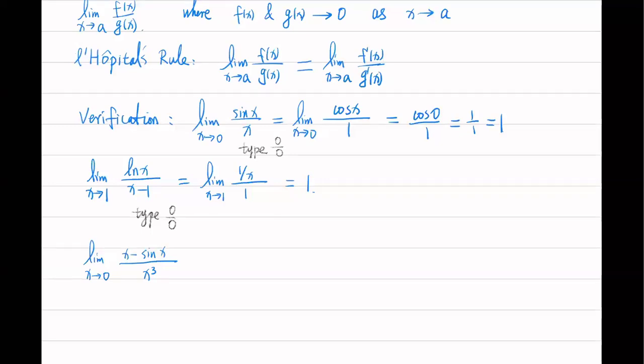Again, what's the type? So we can apply the L'Hopital rule. I will give you a few minutes to complete this. What's the derivative of the numerator? Could we plug in?